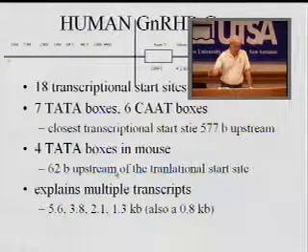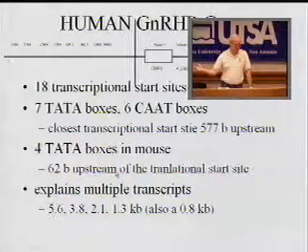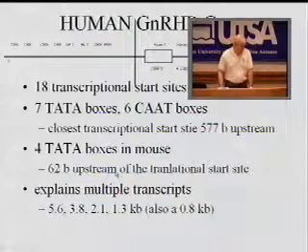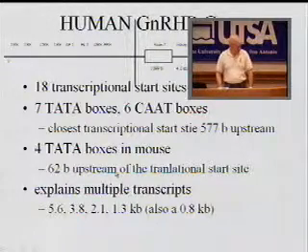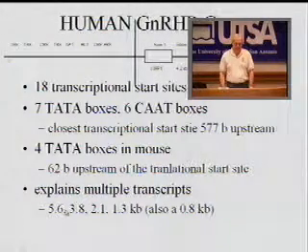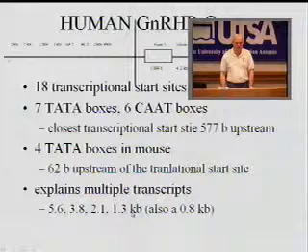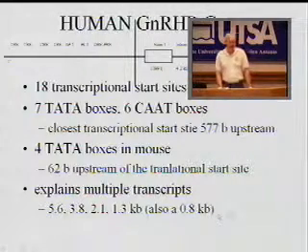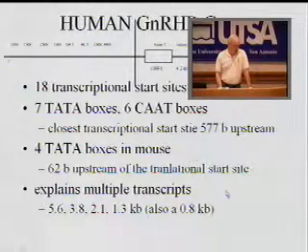Hopefully we find what we predict, and who knows what else we might find, and that just takes us down other avenues to find out more complexities relative to the system. So this information explains the multiple transcripts, the 5.6, 3.8, 2.1, 1.3, and there's also been a 0.8 kilobase pair transcript that has been identified.